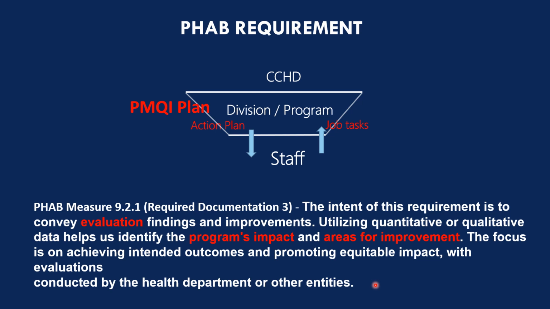It's about whether we're meeting the action plan, and if we're not, it becomes about figuring out what and how we can do better. So really a big part of the PMQI process and plan is to advance our performance for all Cattaraugus County Health Department leadership, management, and staff, but also across the divisions. We want to be able to achieve meaningful and measurable program results.